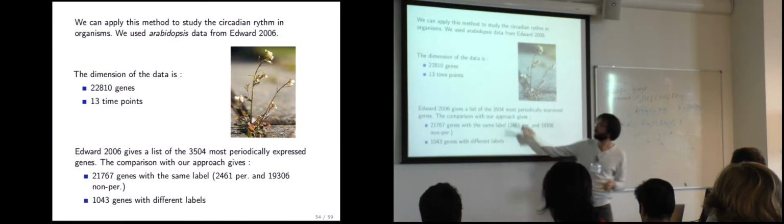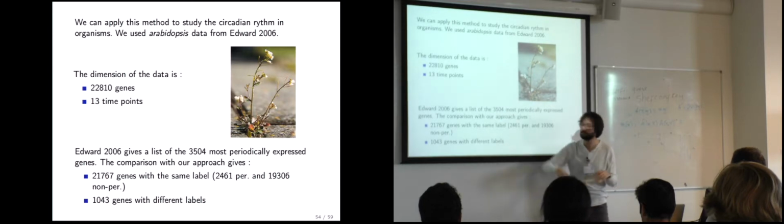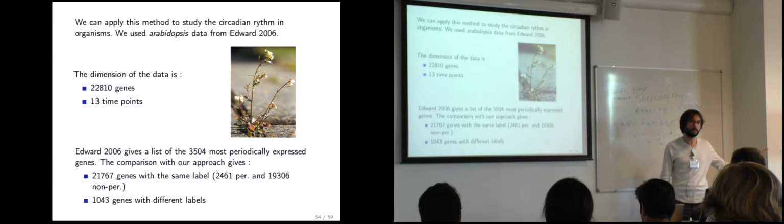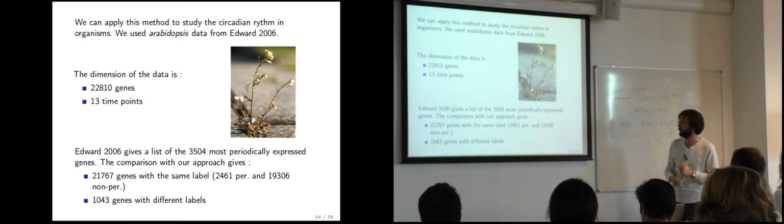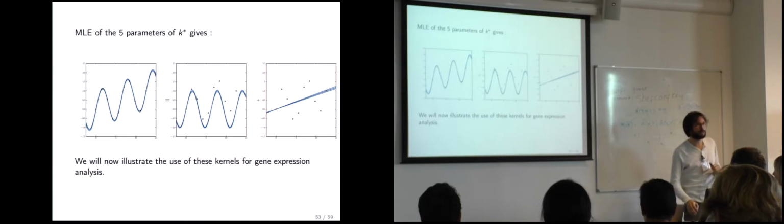And in the literature, you have this kind of data, and they specify which genes, according to their methods, behave periodically, and which genes do not behave periodically. So we fitted this kind of GP model to the data.